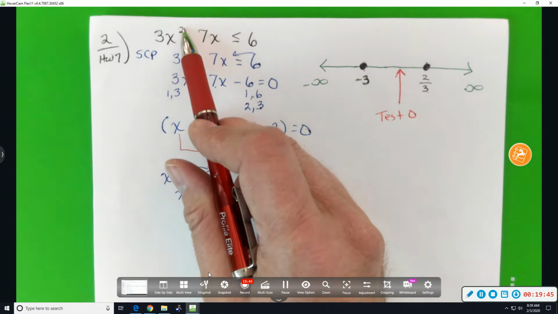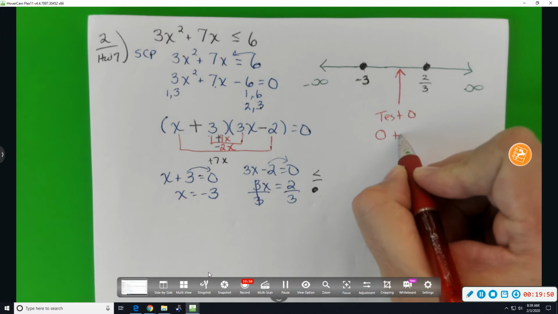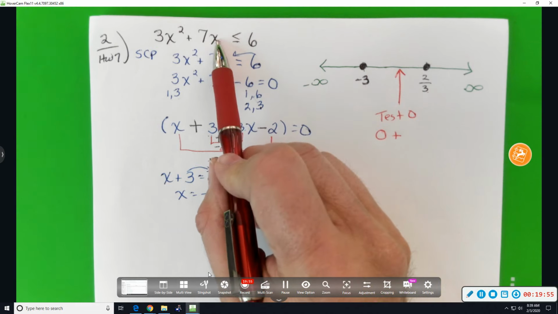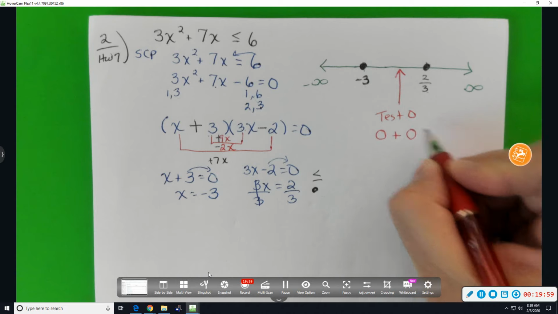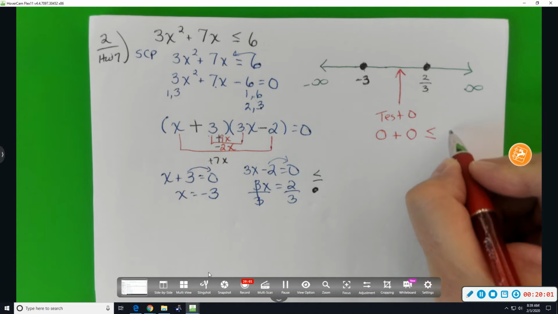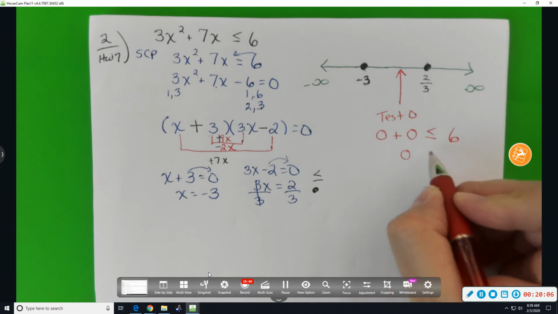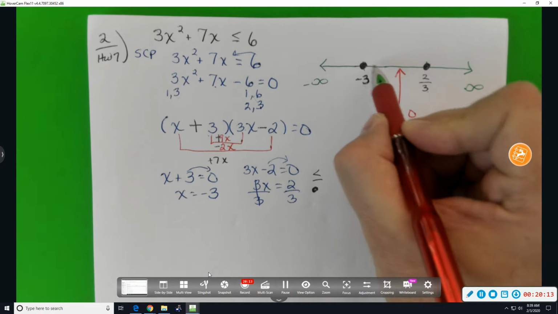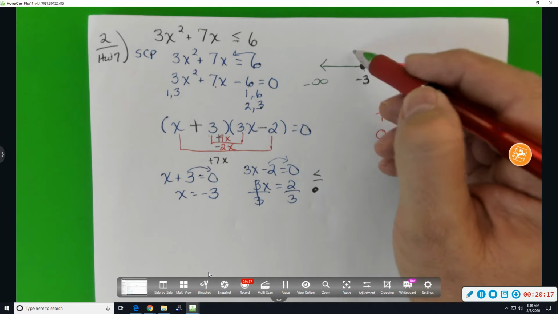So 0 squared is 0 times 3 is 0, plus 7 times 0 is 0. It's less than or equal to 6. Is that true? 0 is less than or equal to 6. Yeah, that one's true. I'll shade it and cross out.